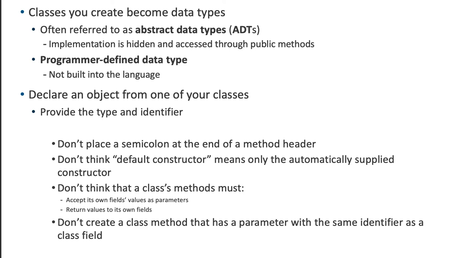If you do, you will only be allowed to access the local variable within the method, and you will not be able to access the field. Remember, and this is what you're going to learn in future videos, you will be able to use the same identifier and still access both values after you learn more about how to do it. But for now, make sure that the parameter in any method has a different identifier from any field.